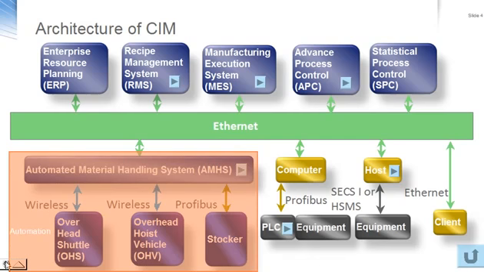Okay, this part we call the AMH system, the automated material handling system, and this part is used for a fully automated factory. If your company does not have a fully automated system, then this part is enough: using the MES, APC, SPC, the equipment and the client.